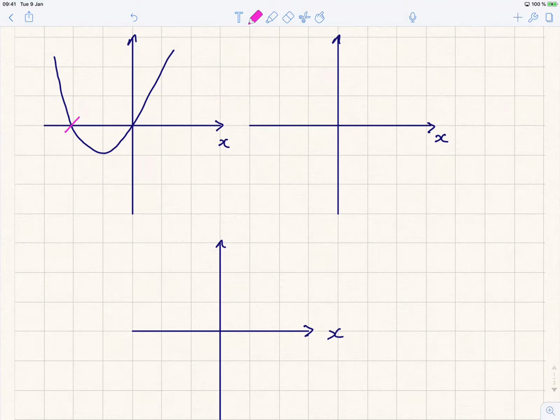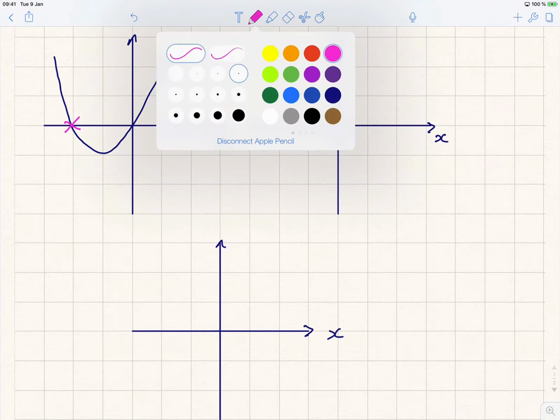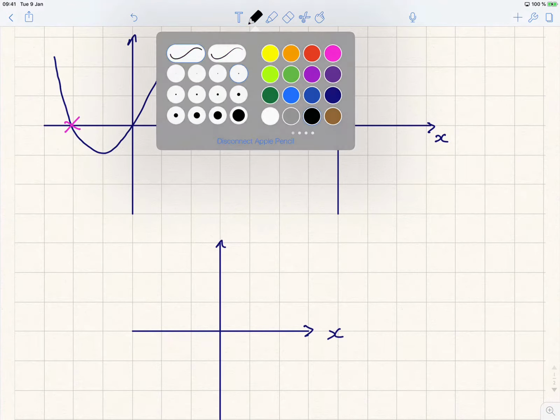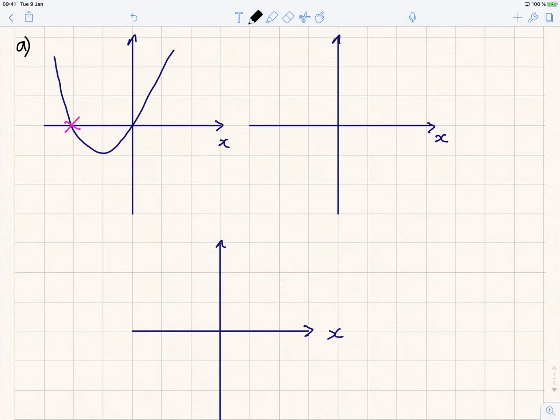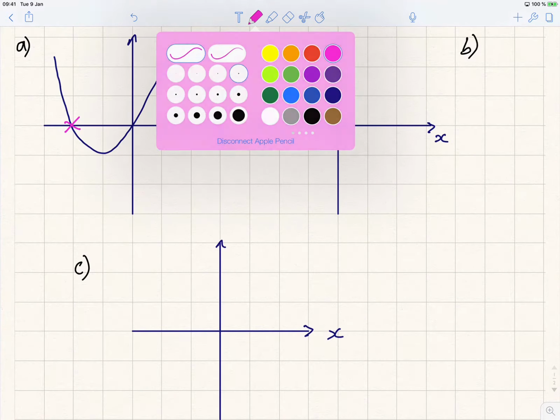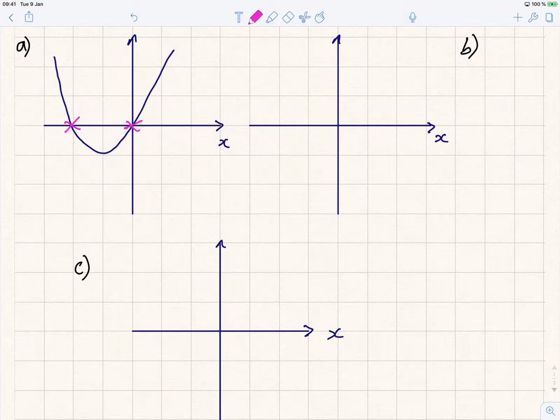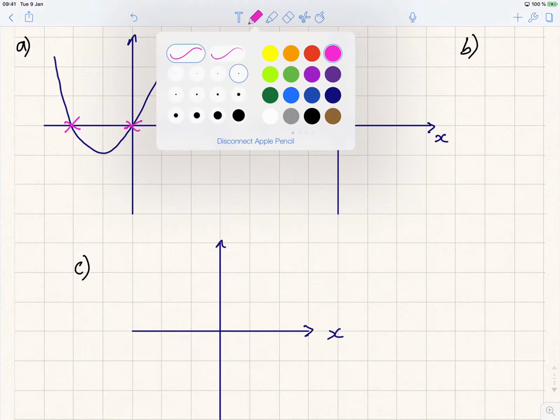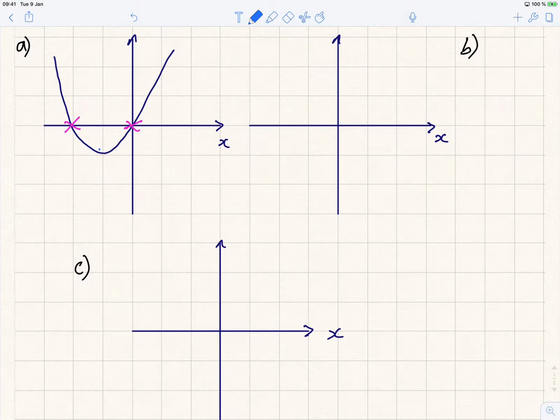We have this point here. We're going to call this function A. We'll call this one B. We'll call this one C. Those points are interesting, but not half as interesting as this point here. This is where the gradient is 0.